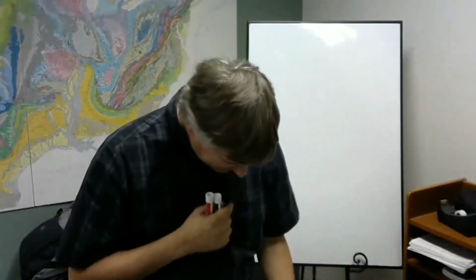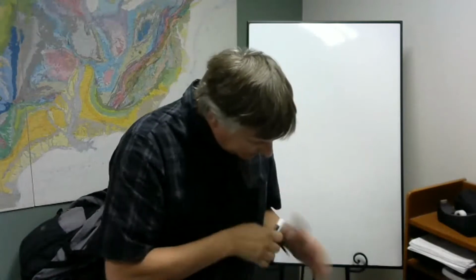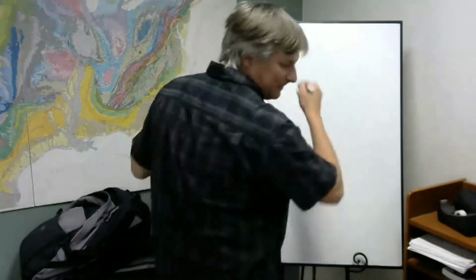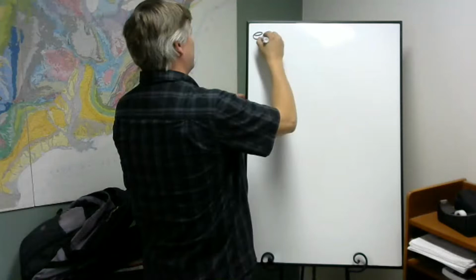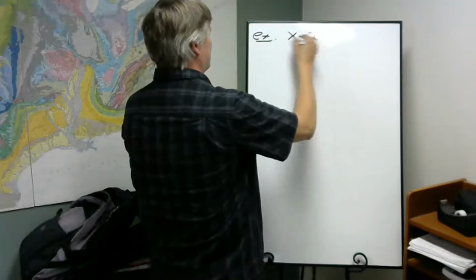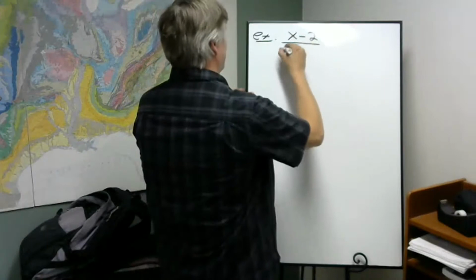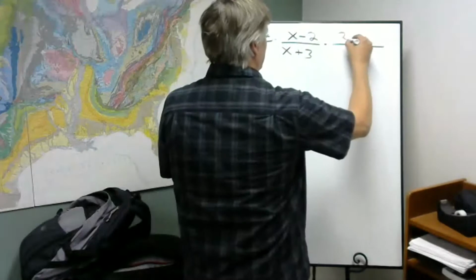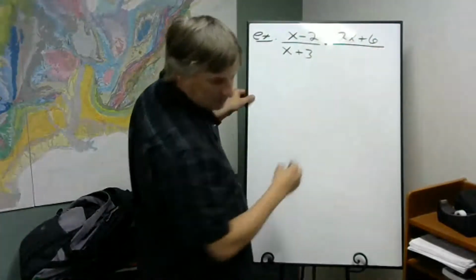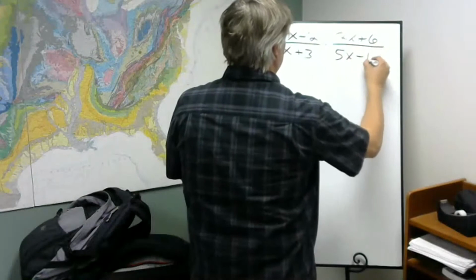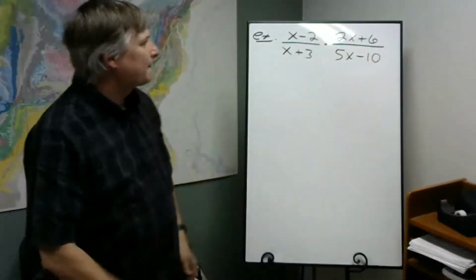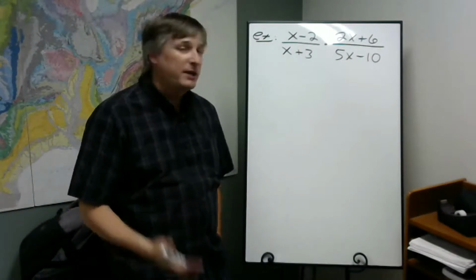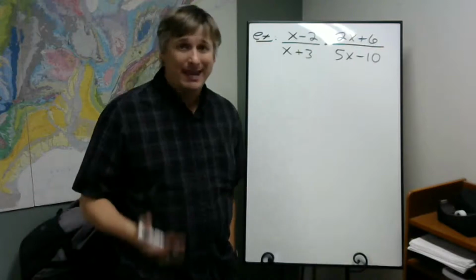So let's see. So let's say we do this. Now, one thing we can do is, and this will help with canceling things, if we can factor first and look for things that will cancel.